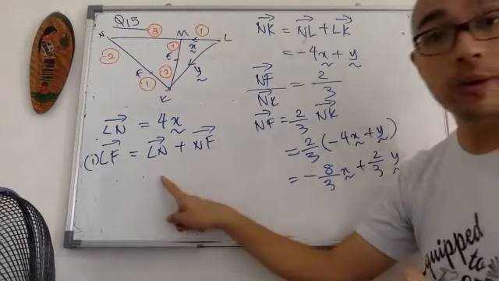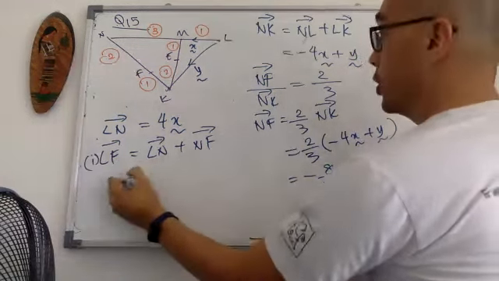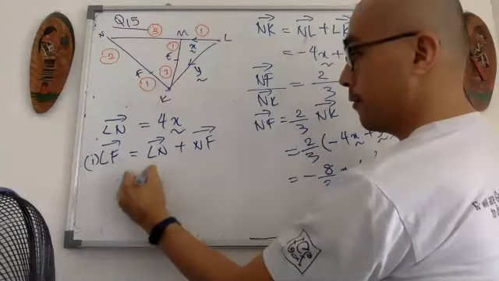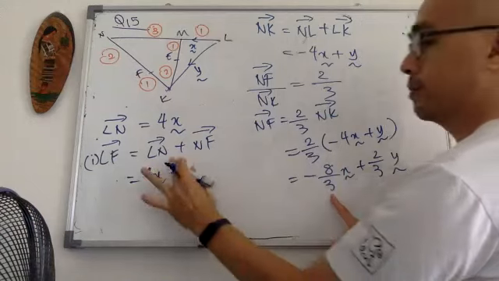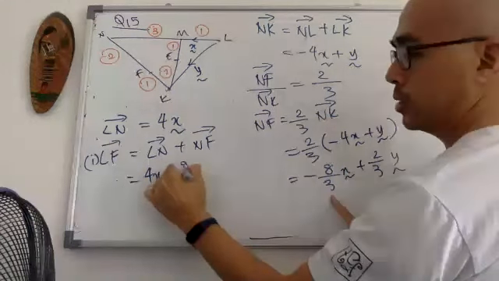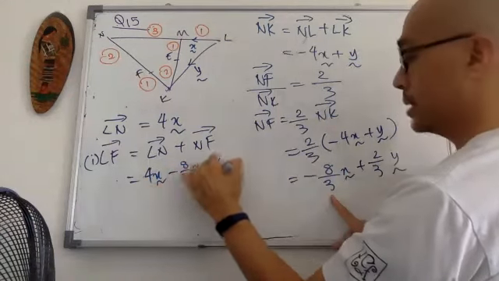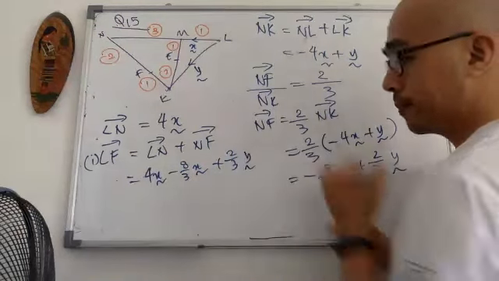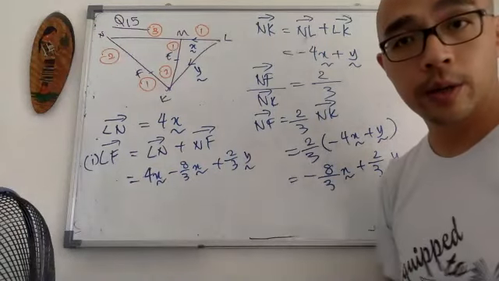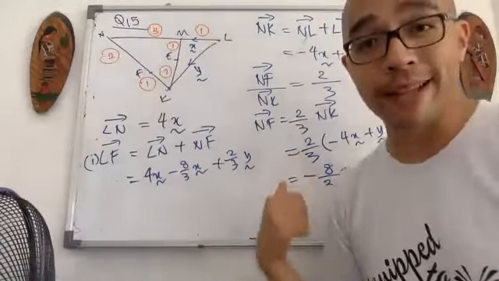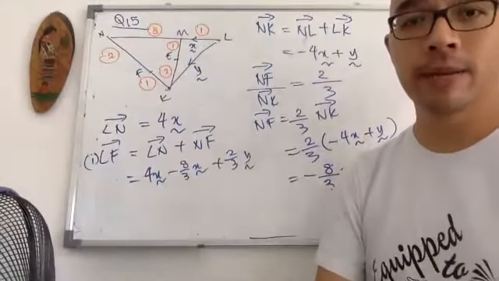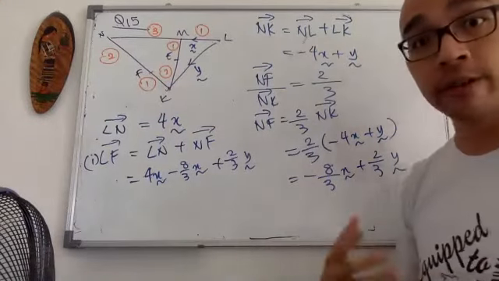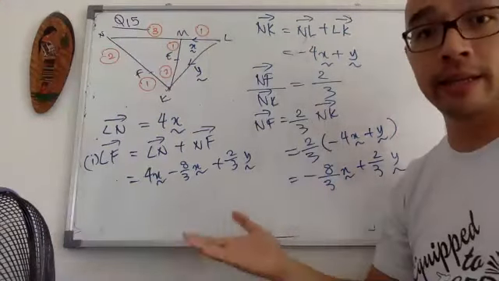Now we put everything in here. So you get LN is 4x plus, minus 8 over 3x plus 2 over 3y. Okay, this is just the first question. I know, sometimes it's like that. Sometimes you find that even the first question is already complicated in itself.